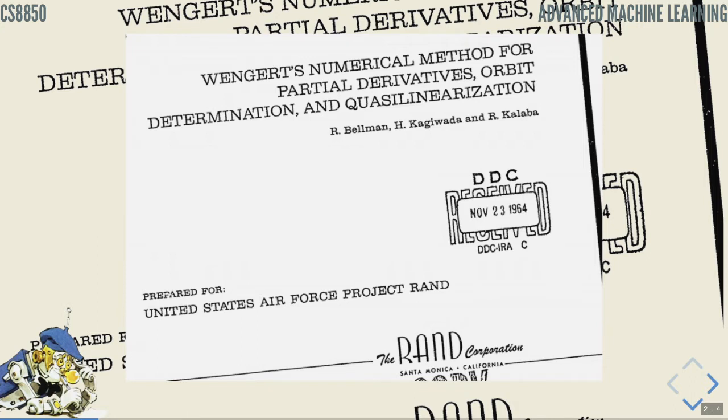Bellman, Kagiwara, and Kalaba, and Richard Bellman is of the dynamic programming fame, wrote a report specifically titled Wengert's Numerical Method for Partial Derivatives, Orbit Determination, and Quasi-Linearization.